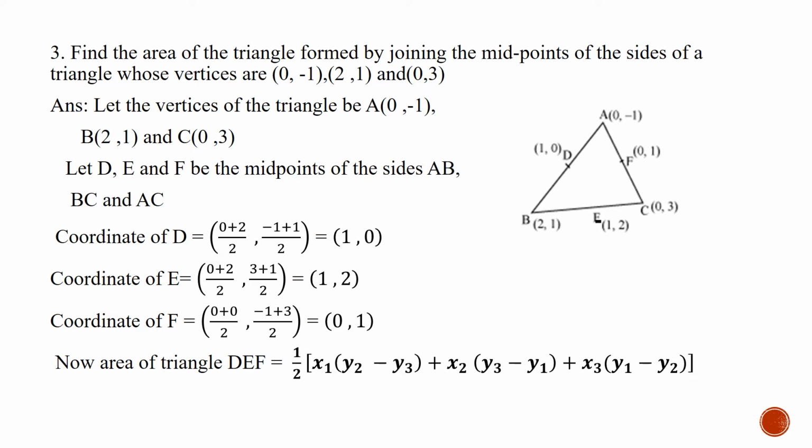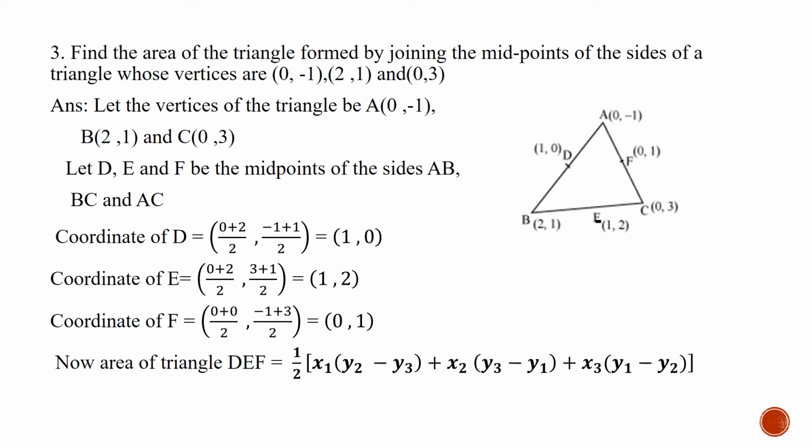Similarly, coordinate of E is (0 plus 2) by 2 and (1 plus 3) by 2, which is equal to (1, 2). Coordinate of F will be (0 plus 0) by 2 and (negative 1 plus 3) by 2, which is equal to (0, 1).